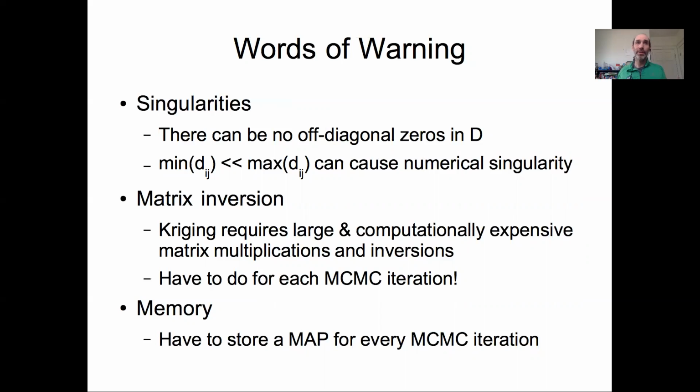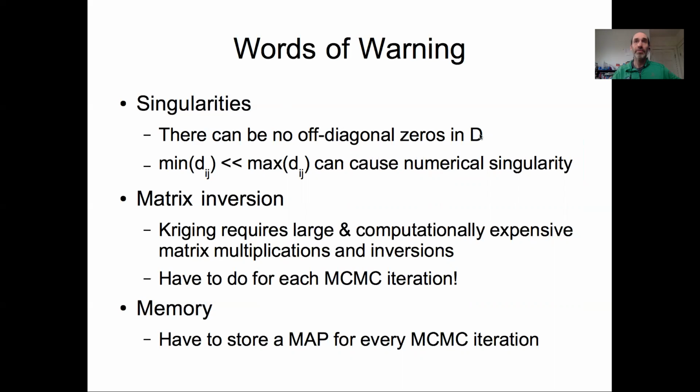So in your distance matrix, the only zeros that are allowed are the ones along the diagonal. You can't have a distance of 0 between 2 points. So you can't have two measurements at the same location at the same time with distance 0 between them, because that would cause a 0 off the diagonal and would mess up the matrix inversion.